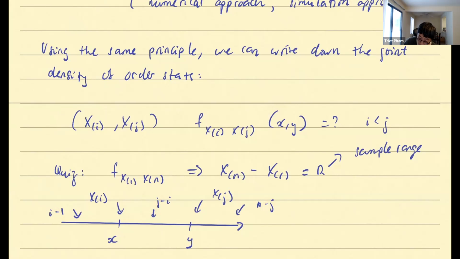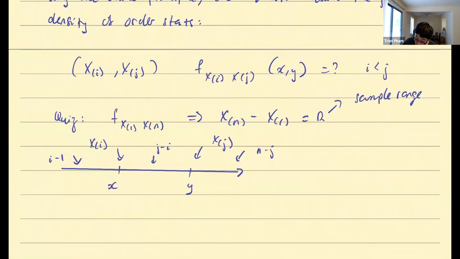So when you write this down, you write down f of x at x for this term, f of x at y for this term.